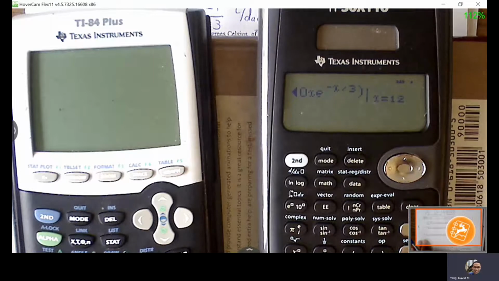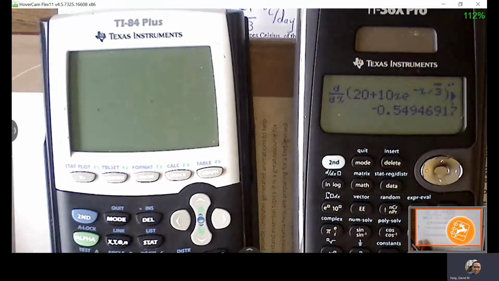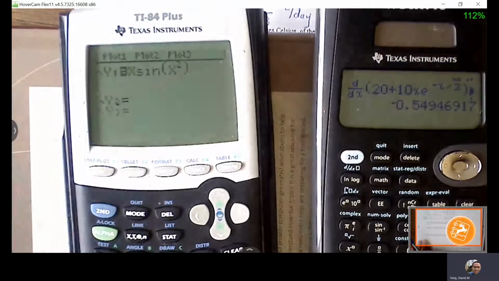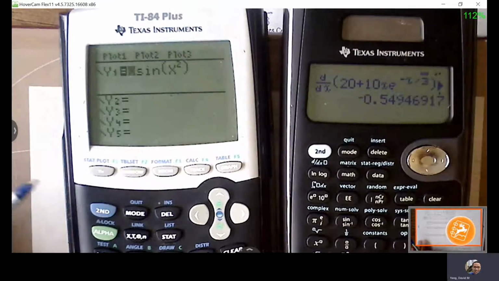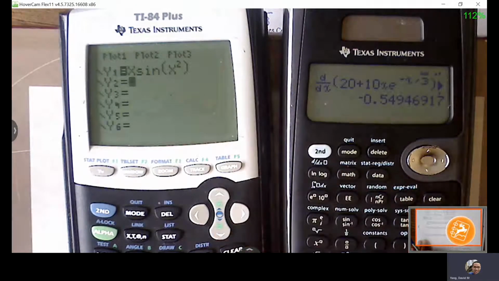X equals 12. On my graphing calculator, I'm just going to store it under Y2. If you want to enter everything on the home screen, you can. It's just that I'm going to call it twice, and I don't want to type it in twice, so I'm going to have it stored under Y2.